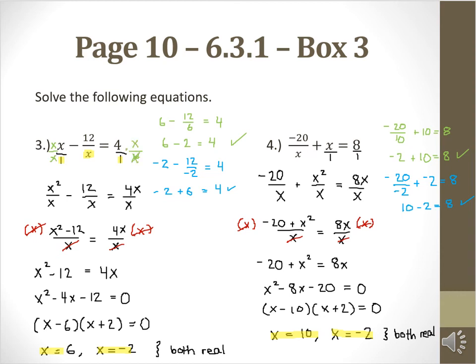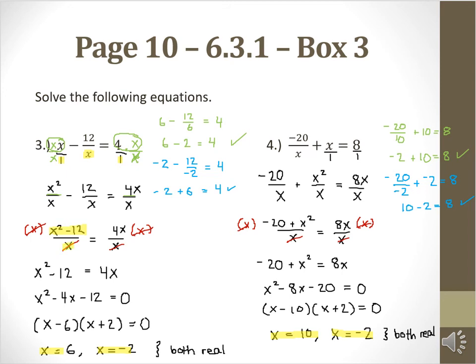And when I do that, I get x times x is x squared, and I get 4x. So we've got x squared over x minus 12 over x equal to 4 over x. From there, you can simplify the subtraction. x squared minus 12 can become all one term, all one fraction with the denominator of x.